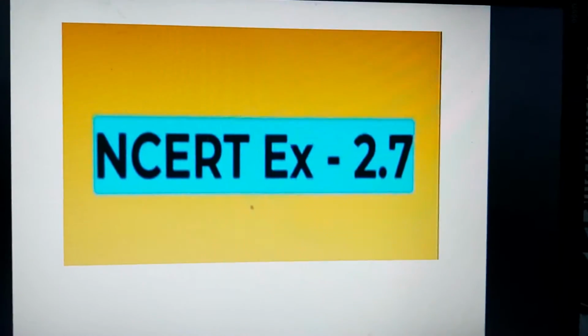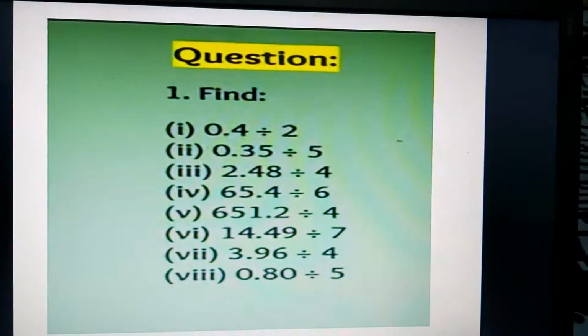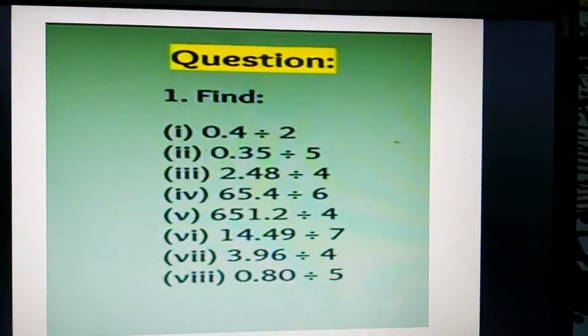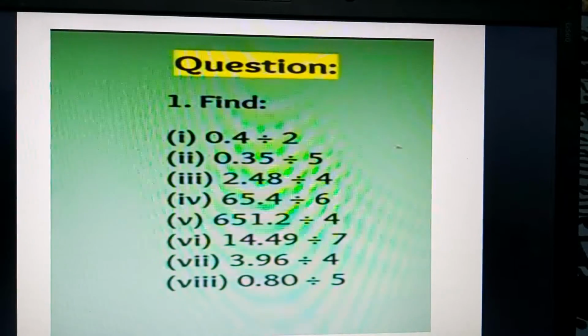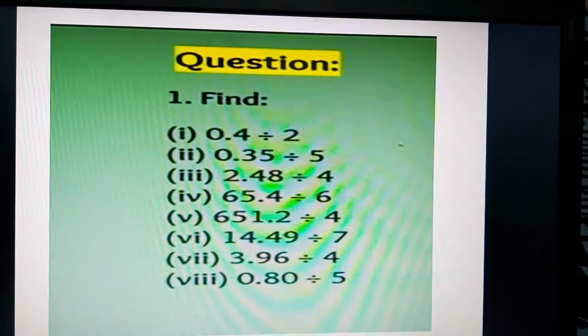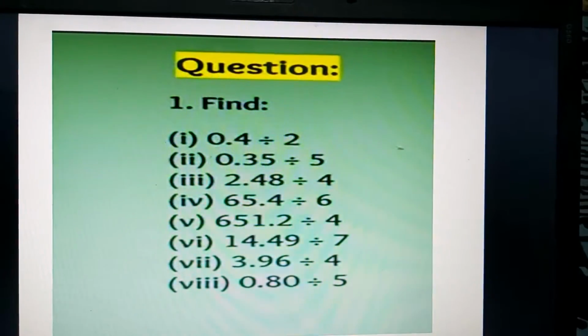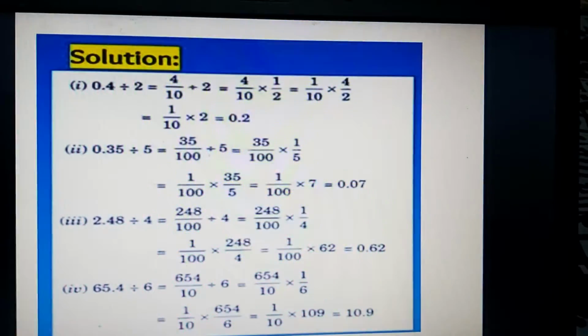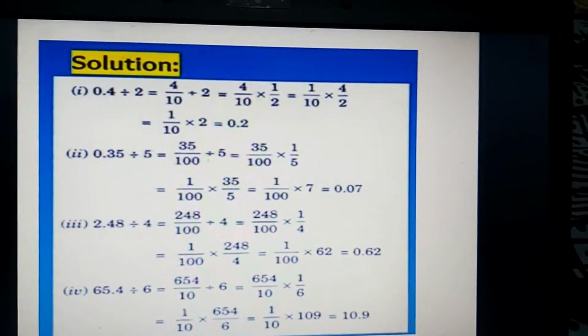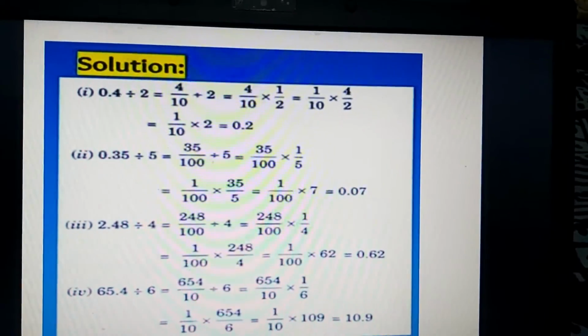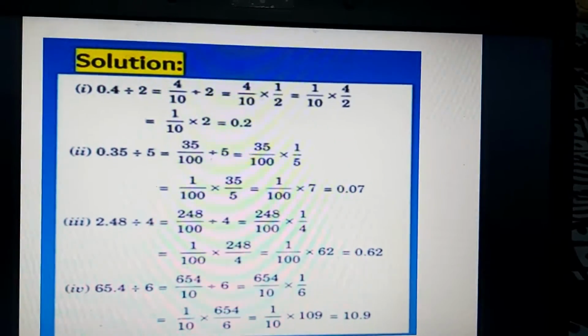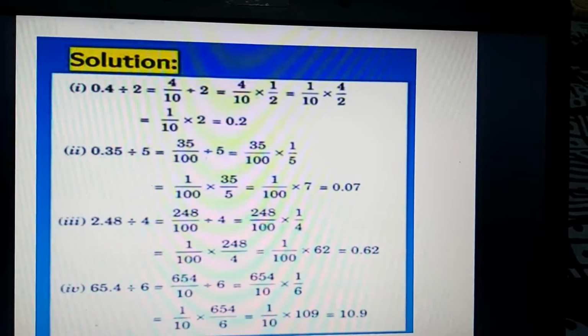Now we have to see exercise 2.7. In that, see question number 1. 0.4 divided by 2, 0.35 divided by 5. So these are the questions that we have to simply divide. So 0.4 divided by 2: in decimal, we can remove the decimal point, so we can write 0.4 as 4 by 10 divided by 2.